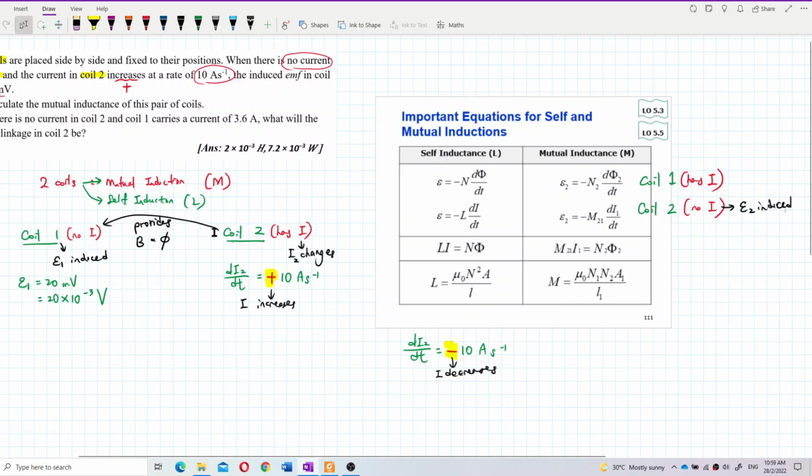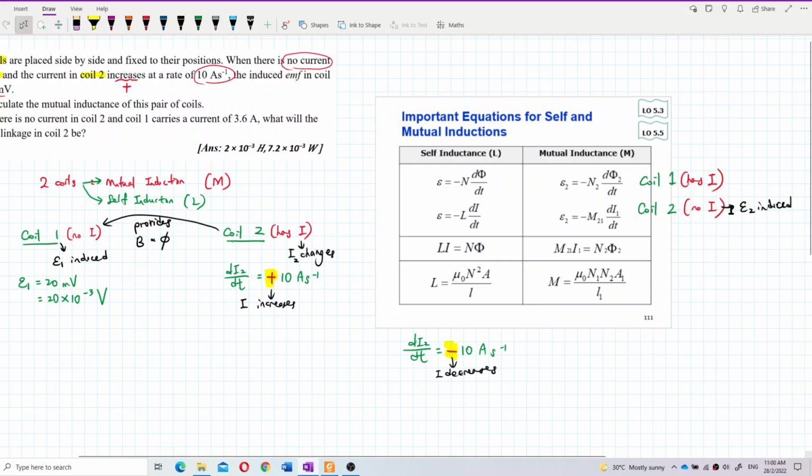In the question, coil 2 has the current, and EMF is induced in coil 1. But in the equation, coil 1 has current and coil 2 induces the EMF. So it's opposite. You see that?